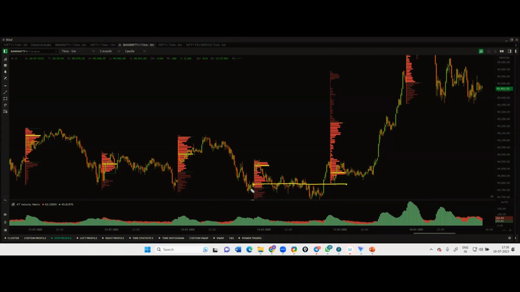If price breaks down, it means we have a lot of buyers in this location, but they are unable to hold the prices up. So what will these buyers do? They will be forced to liquidate their positions, which will trigger a strong down move.